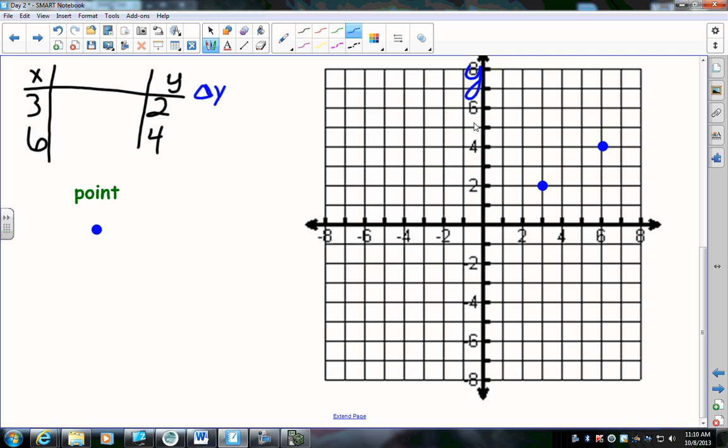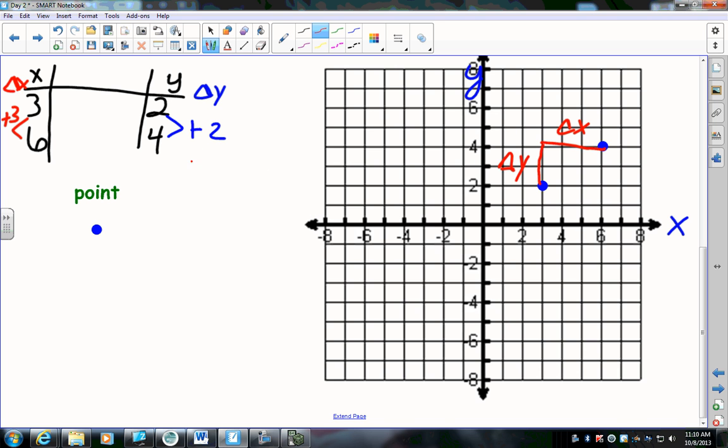Remember, the y-axis is the one that goes up and down. The x is what goes across. So right here, this is plus 2. When I'm starting here, the first thing you have to do is go up or down first. So I'm going up 2, and over how many? 1, 2, 3. Here's delta y, here's delta x, delta x plus 3.